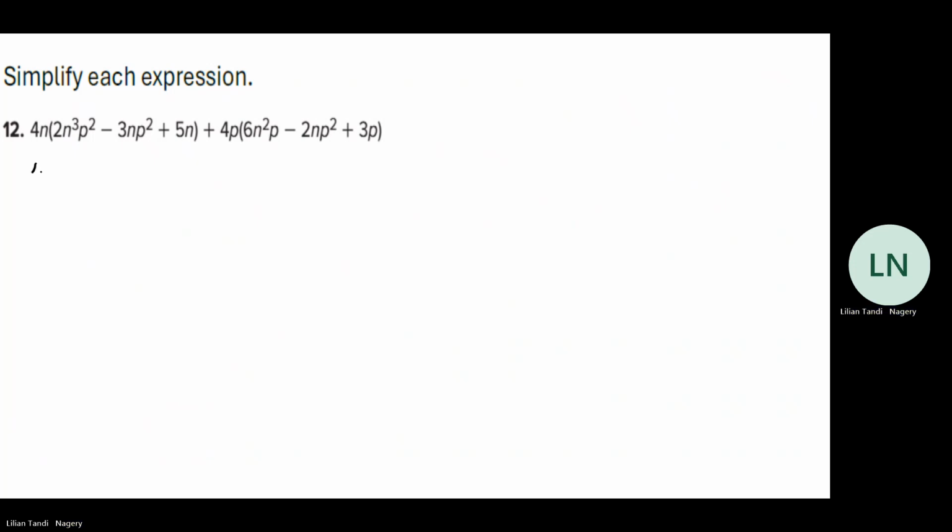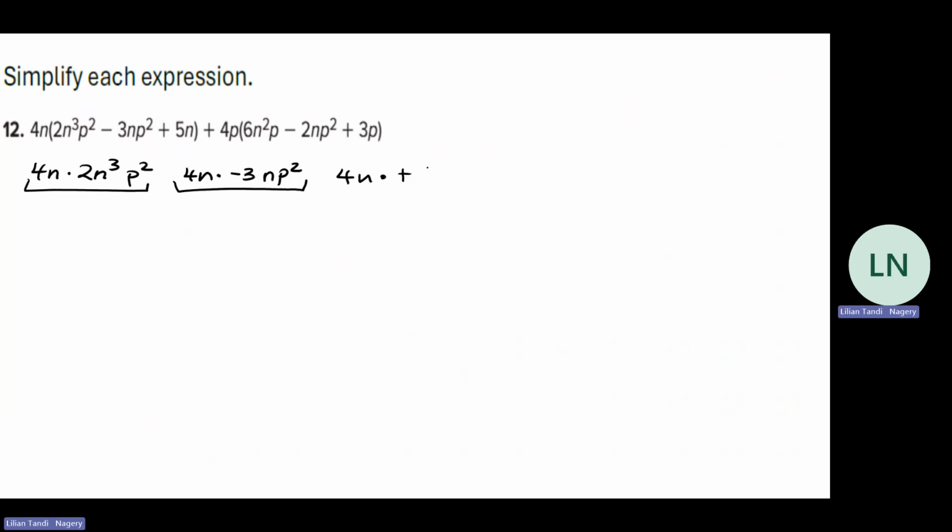4n times 2n cubed p squared. 4n times negative 3n p squared. 4n times positive 5n.